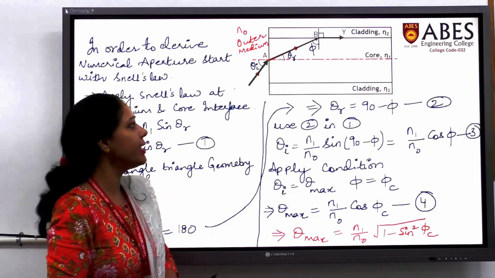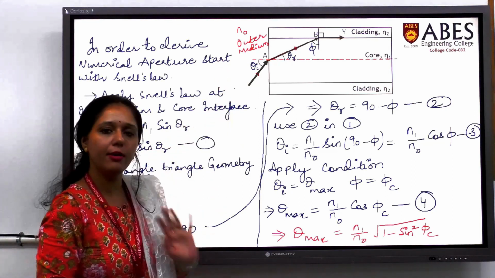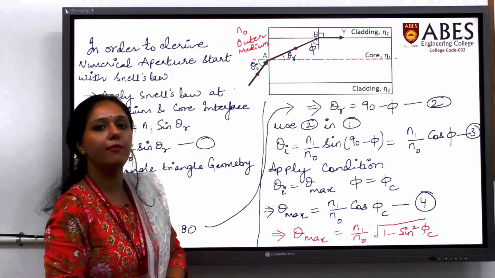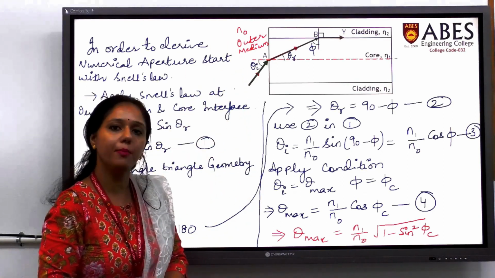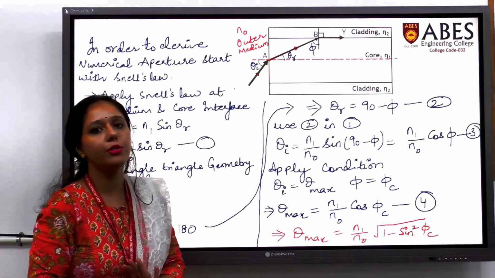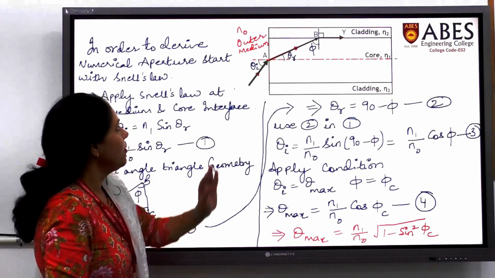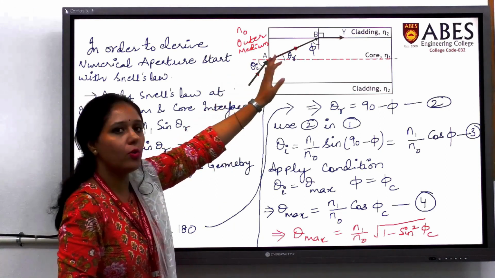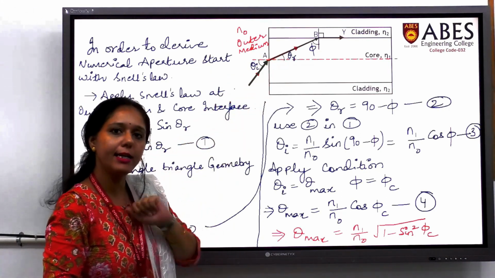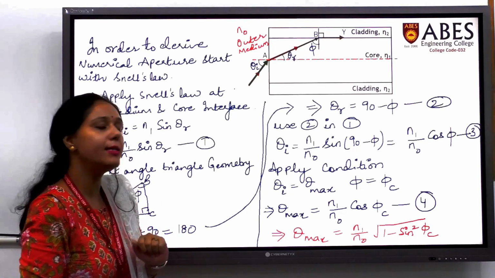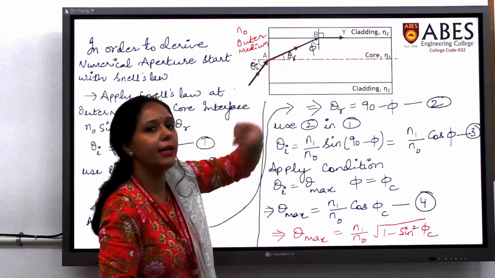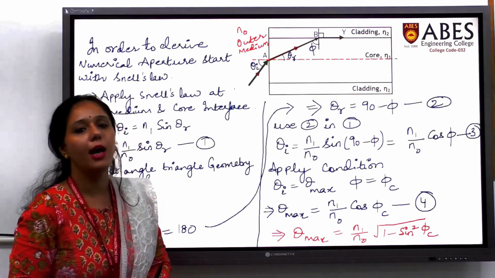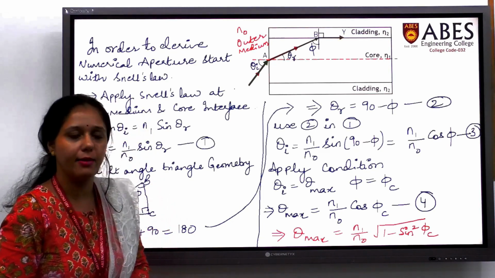And we are also taking the outer medium, which is generally air, but still we take its refractive index as N0, which will be 1 because the outer medium is air. First we apply Snell's law at the outer medium and core interface. Second time we apply Snell's law at the core and cladding interface, in order to find the numerical aperture and the acceptance angle.